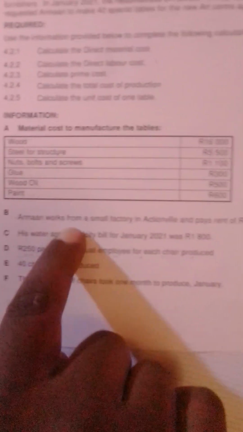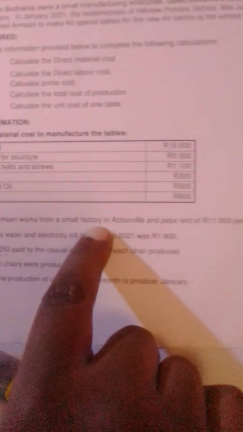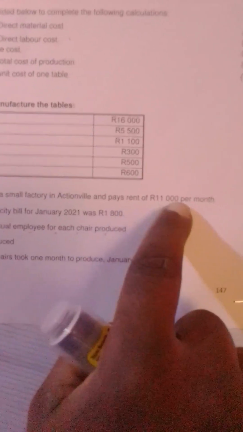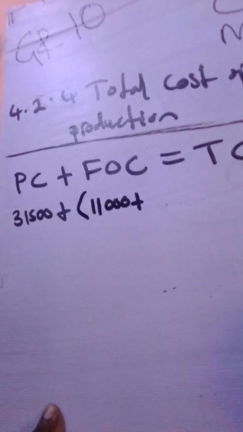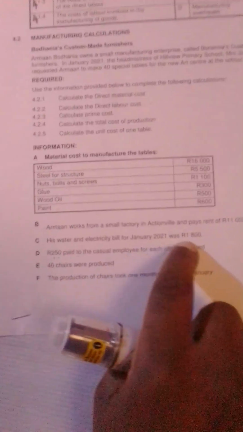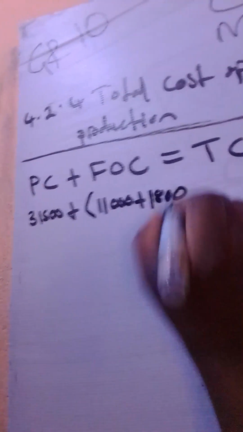Let's go to information B first. Arman works from a small factory in Actionville and pays rent of 11,000 per month. Of course, we have got rent. I open a bracket here: rent 11,000 plus what else do we have? C, his water and electricity bill for January 2021 was 1,800. We are also going to add the 1,800 for the water.